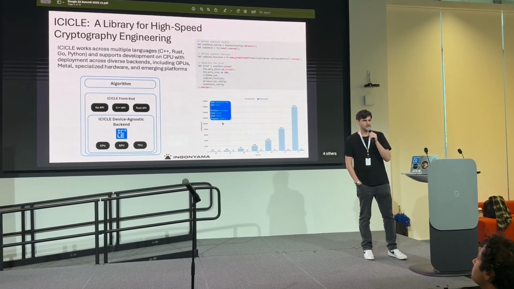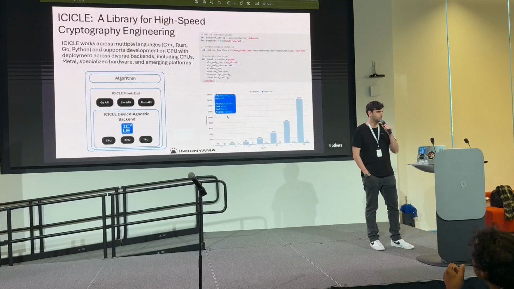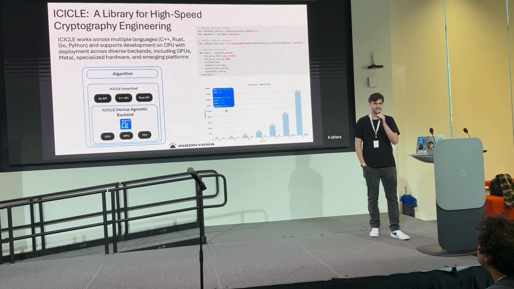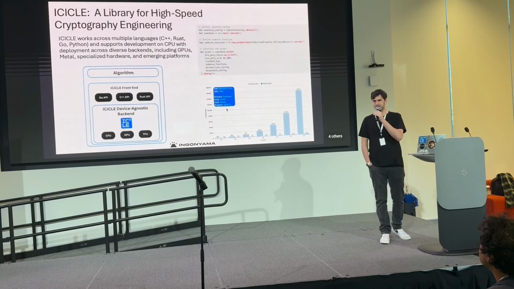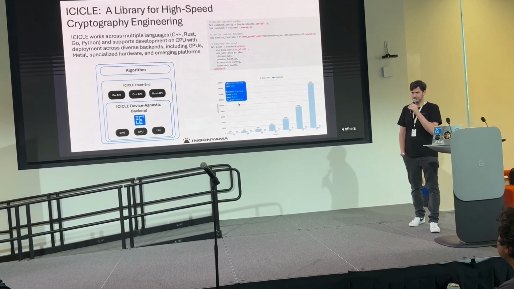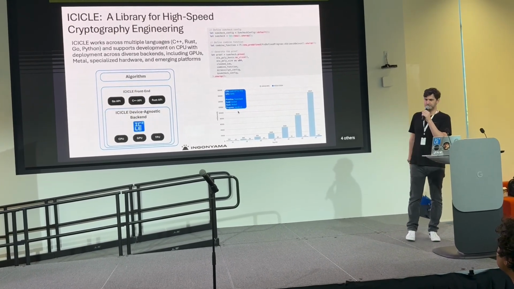So we have frontends, right? These are different languages that you as a cryptographer can use. This is a product for cryptographers, a library for cryptographers. C++ used to be a very popular choice. In recent years, we have Rust, we have Go. Hopefully in the future we'll have Python, right?